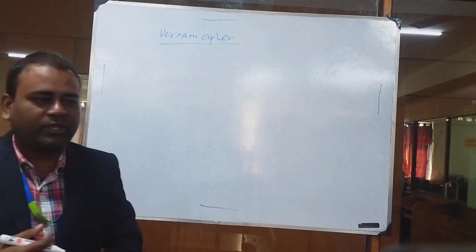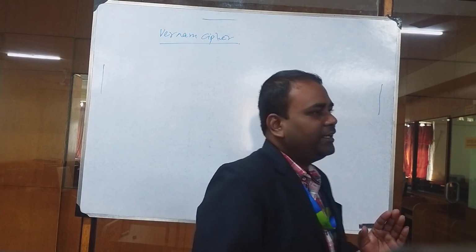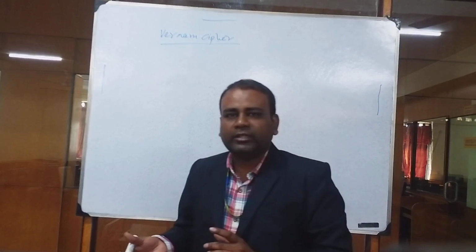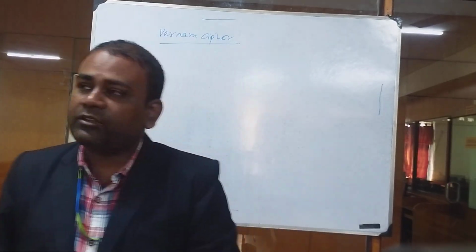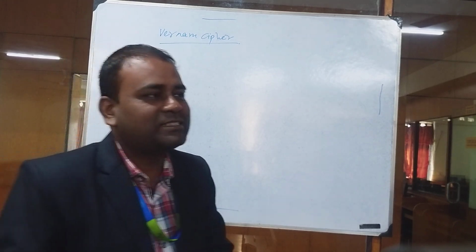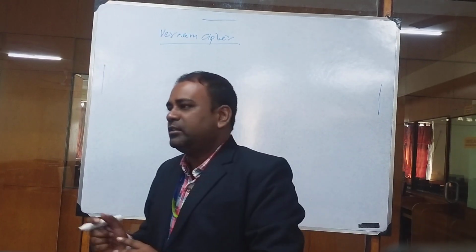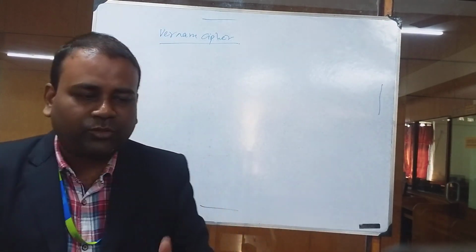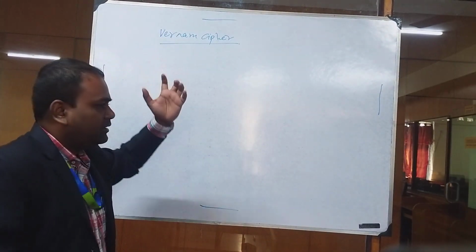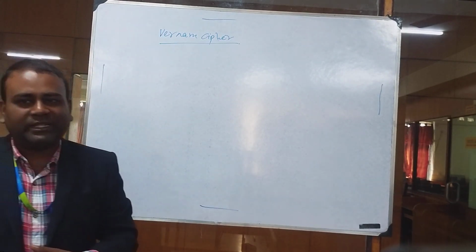First is the plain text, or the text message that we have to convert into the encryption form, and another is a one-time password, or key. The encryption key is required for the encryption process. So in the Vernam cipher, that OTP, the one-time password, is required for the encryption method.